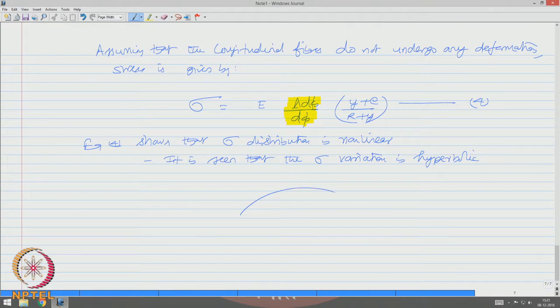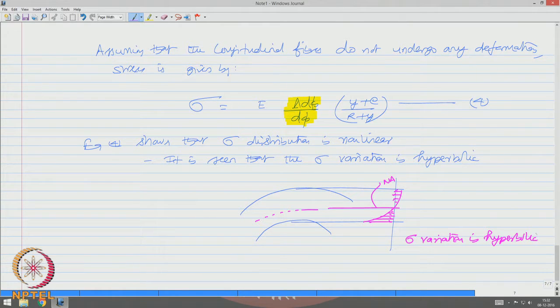So, if you look at the segment ABCD and try to plot the stress variation, it shows that this is the neutral axis. So, the stress variation is hyperbolic. There is a basic assumption here.